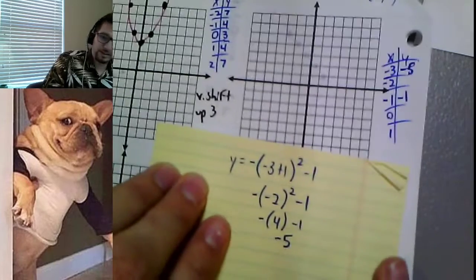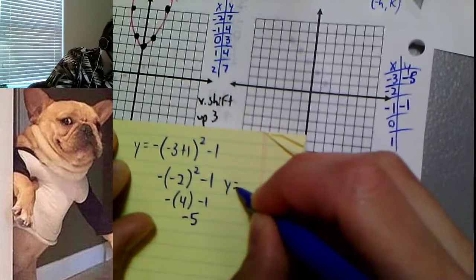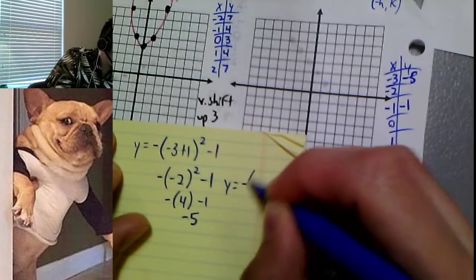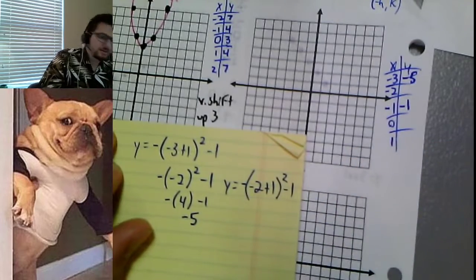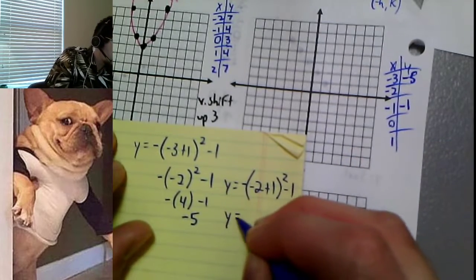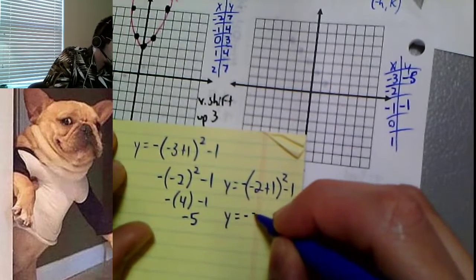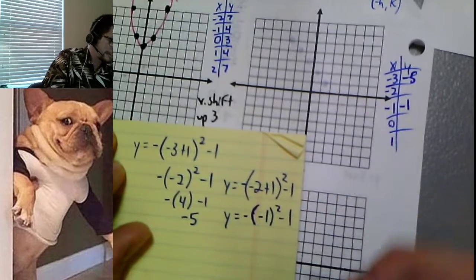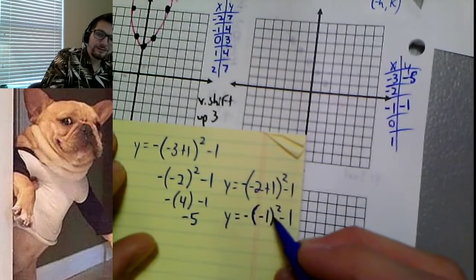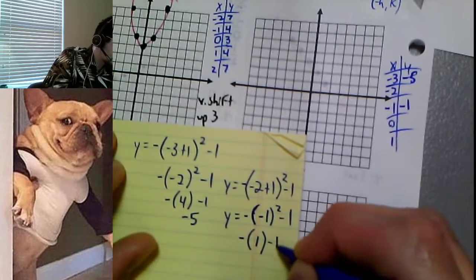Now what happens if I plug in a negative 2 here? y equals negative quantity of negative 2 plus 1 squared minus 1. So I simplify this: negative 2 plus 1 is negative 1. So I have the negative quantity of negative 1 squared minus 1, all the ones. Negative 1 squared is positive 1, so I have negative quantity of positive 1 minus 1.